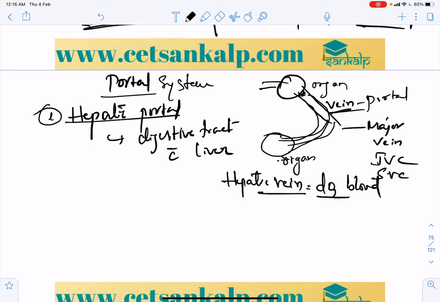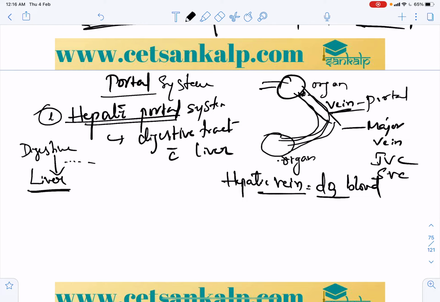Whereas in the hepatic portal system, from the digestive tract, the digested food is supplied to the liver through the hepatic portal vein. That system is called the hepatic portal system.